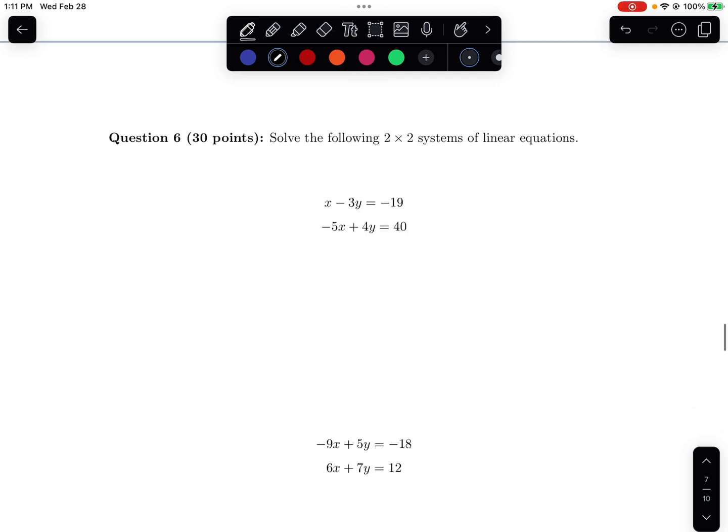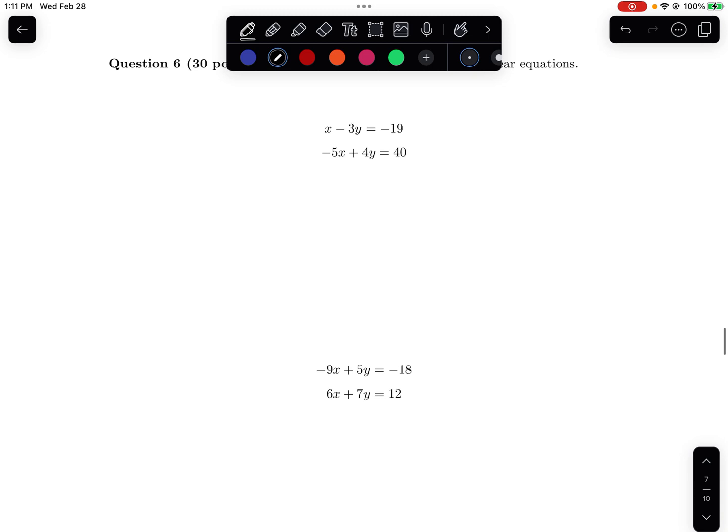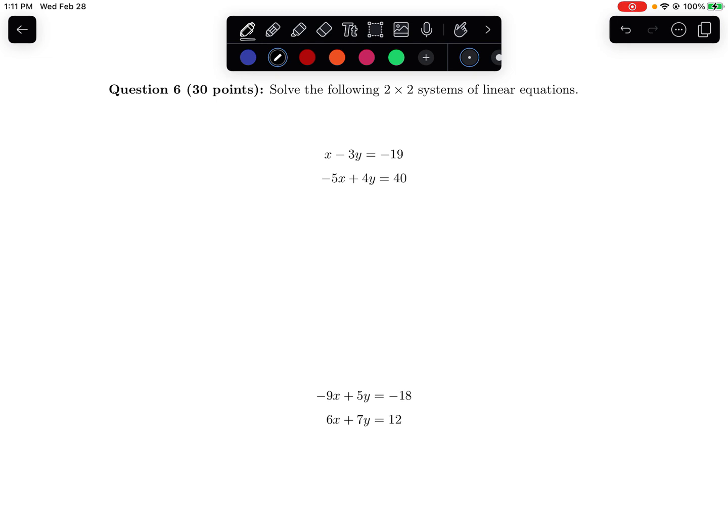Okay, for this one, we want to solve the following 2x2 systems of linear equations. Okay, so this first one here, we have x minus 3y equals negative 19, and negative 5x plus 4y equals 40. Okay, so this is like a pretty good candidate for doing a substitution method. So let's go ahead and solve for x here.